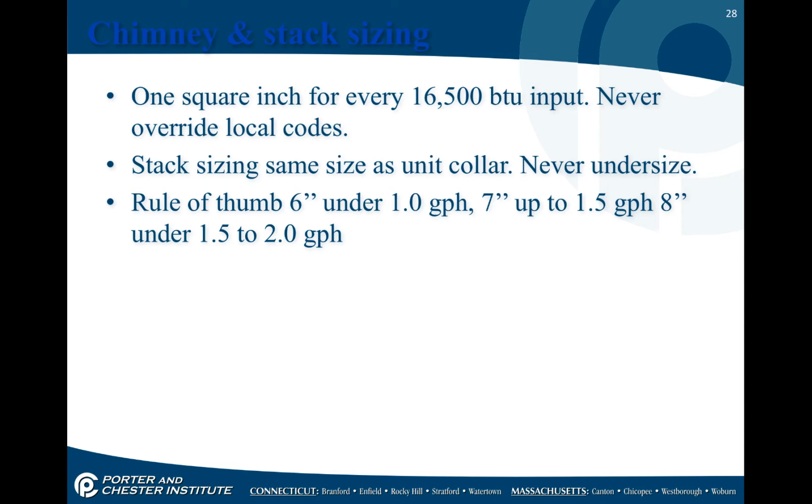Rule of thumb for stack sizes, and again, different manufacturers have different things on their furnaces: 6-inch for under 1.0 GPH, 7-inch up to 1.5, 8-inch from 1.5 to 2.5 gallons per hour. Again, that is a rule of thumb, but you have to have 1 square inch for every 16,500 BTUs of input. Remember, 1 gallon of oil is 140,000 BTUs.